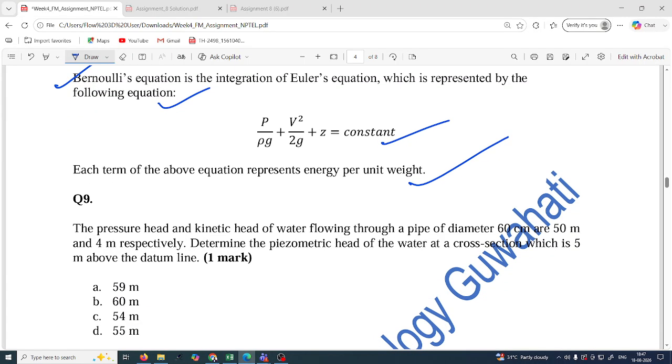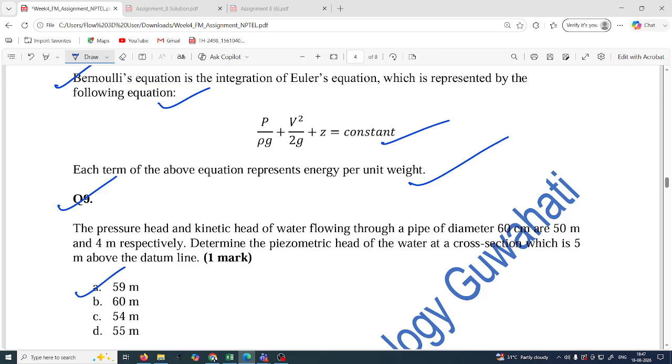Now the next question is numerical. The pressure head and kinetic head of water flowing through a pipe of diameter 60 centimeter are 50 meter and 4 meter respectively. Determine the piezometric head of the water at a cross section which is 5 meter above the datum line.